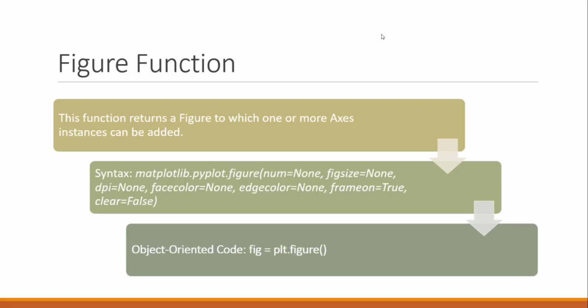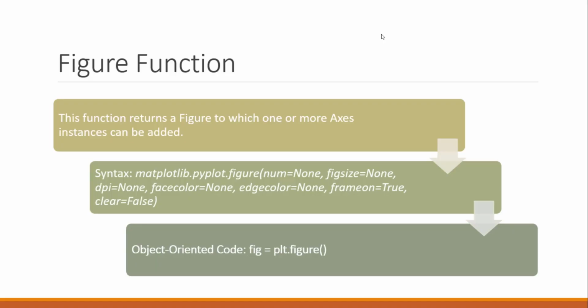The first parameter is num and the default value is none. The next parameter is figsize and the default value is none. The other parameter is DPI and it also has default value none. The next one is face color. The next is edge color. After that we have frame on parameter and the last one is clear.